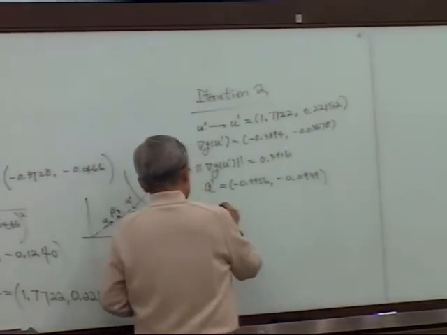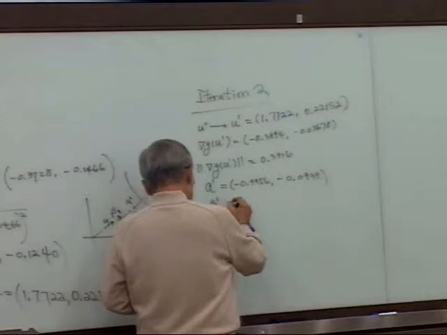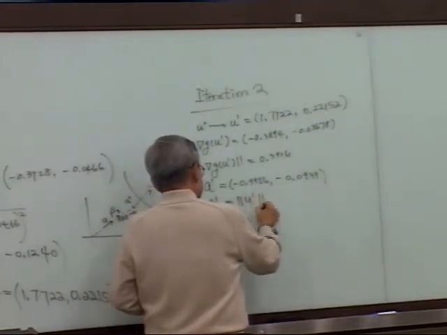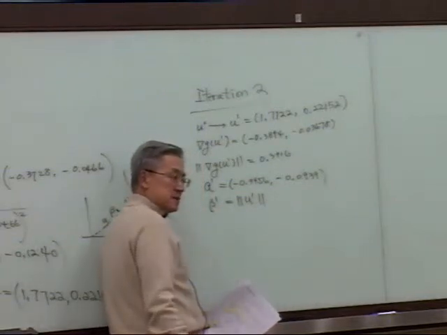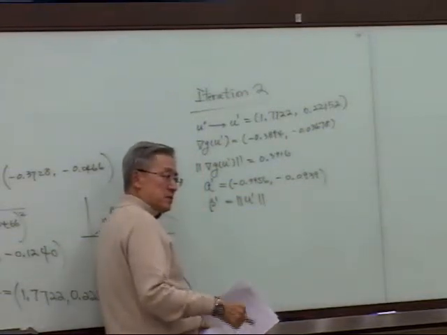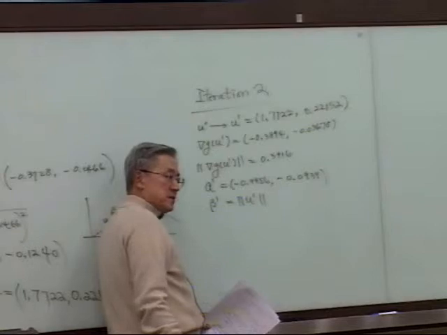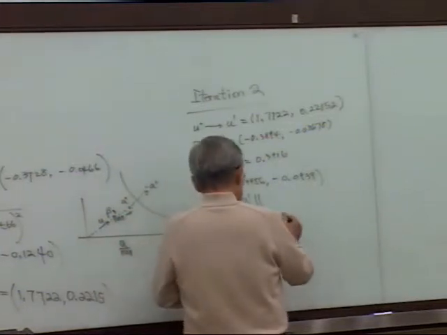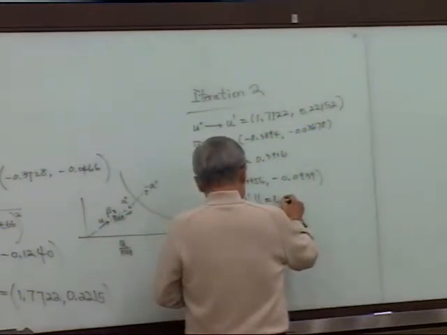So beta 1 is equal to the norm of U1, because this is simply the length from 0 to the intended point, which is U star, equal to U1 in this case, which is equal to 1 point.